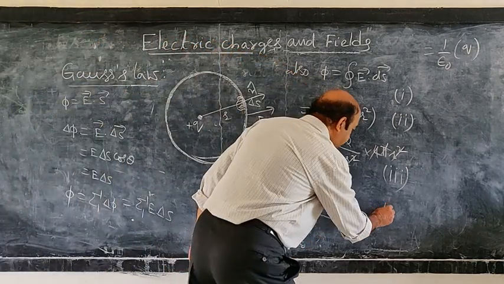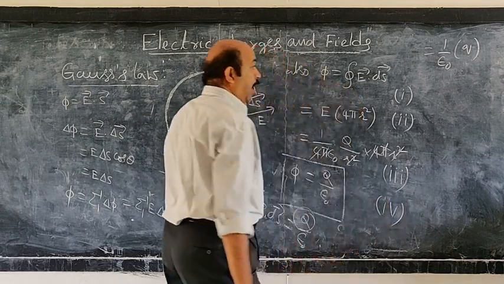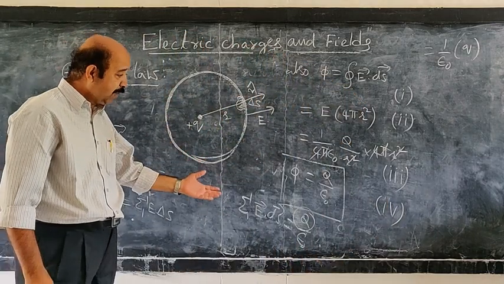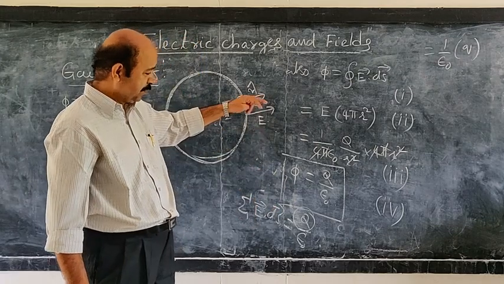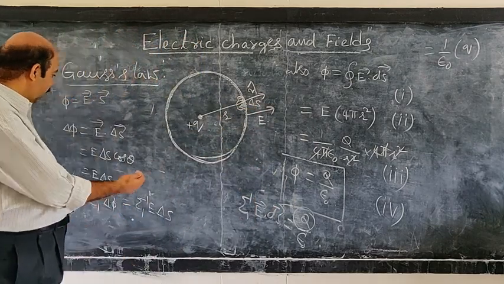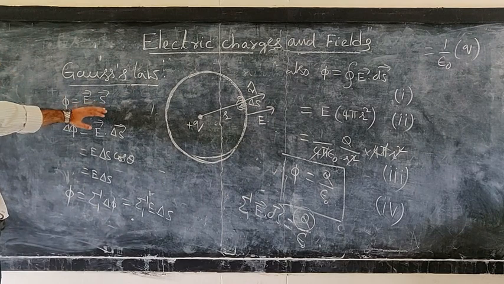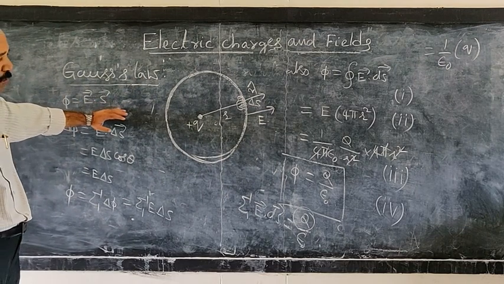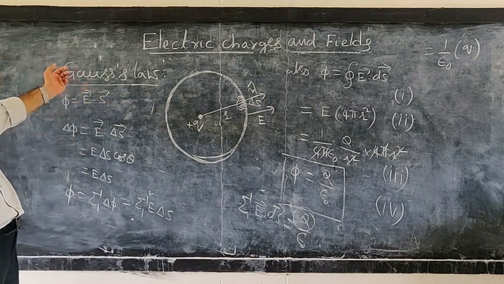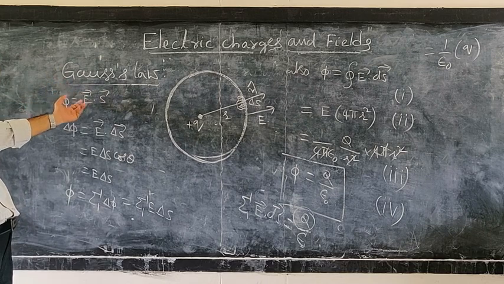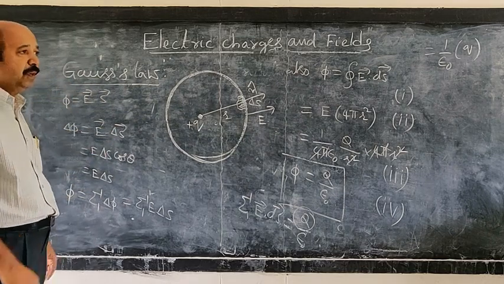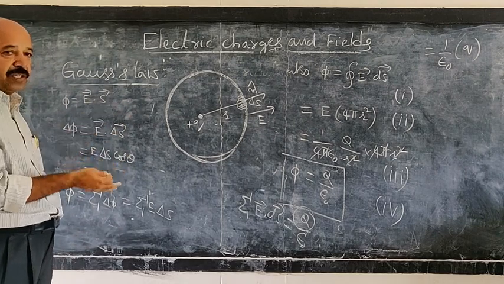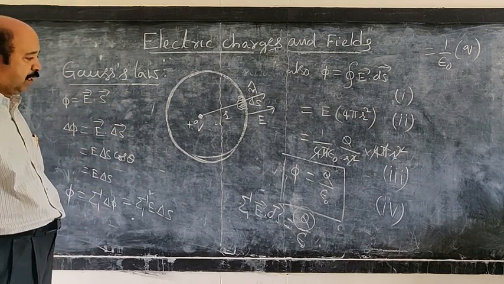Then another point is, since the electric flux depends on the square of the distance, here we derived this formula for Gauss law and have shown that the flux depends on the square of the distance of the surface area you are considering.